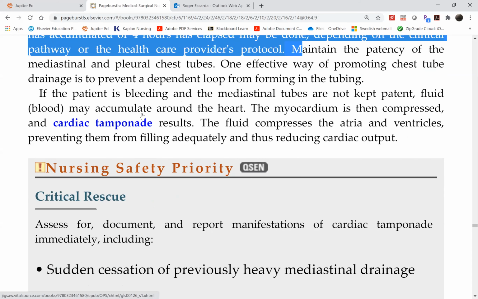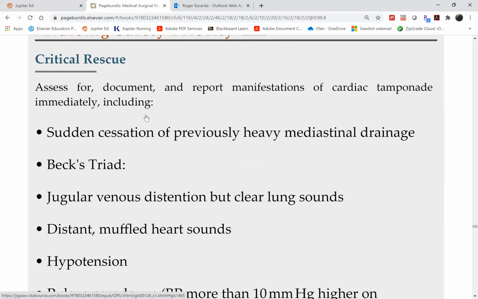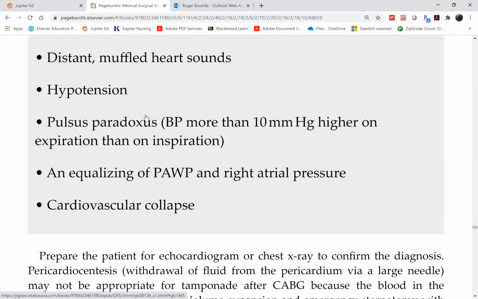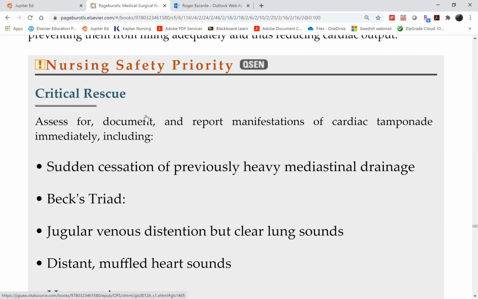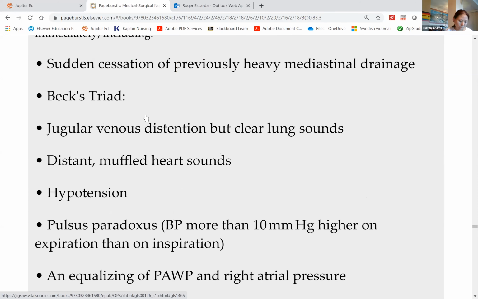Again, remember cardiac tamponade in chapter 35? Yes or no? Yes.